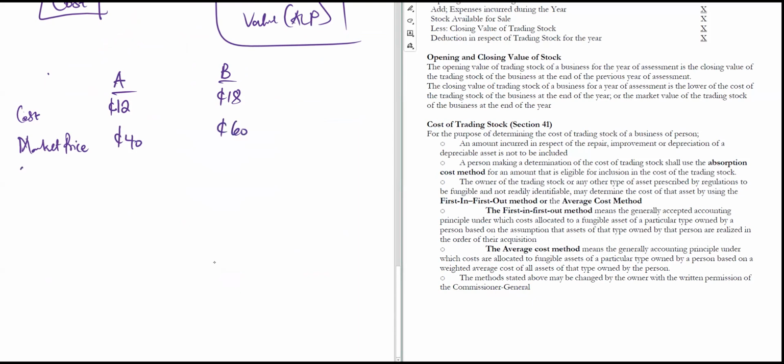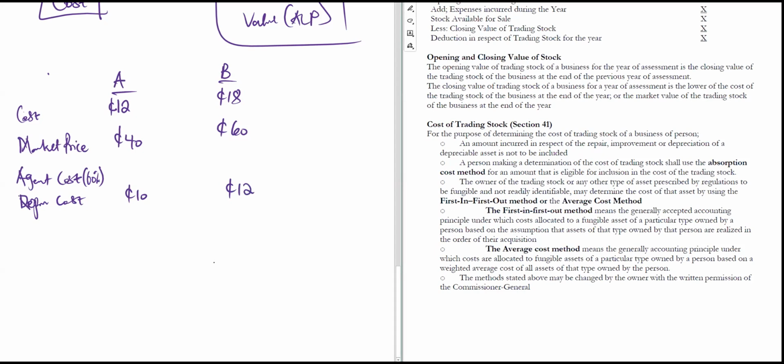Then we have agent cost. The agent can sell for us, but he is going to take 60% commission. And then there are some disposal costs, or let's say repair costs. The repair cost of this one is 10 cedis, and this one's is 12 cedis.